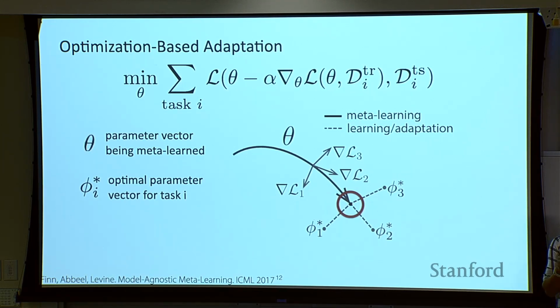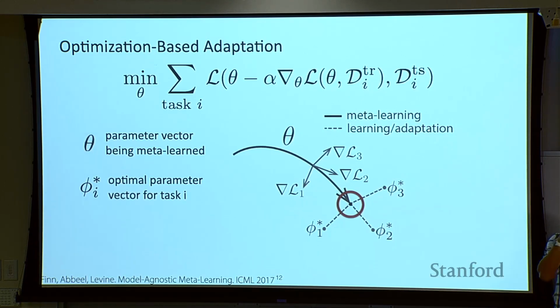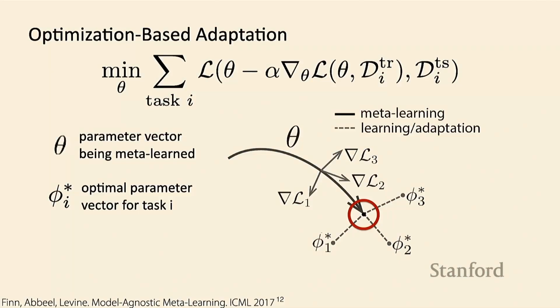Now, one thing I will note about this diagram that can be a little misleading is that there isn't just a single optimum for any given task. It's actually a large part of the parameter space for any one task. Your goal is to find a part of the landscape where if you take a gradient step, you can get to a region that's good for that task's parameters, rather than just a single point.